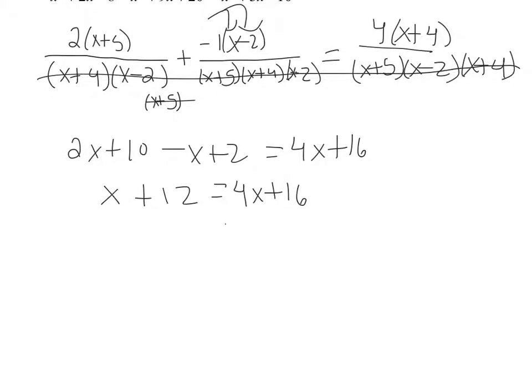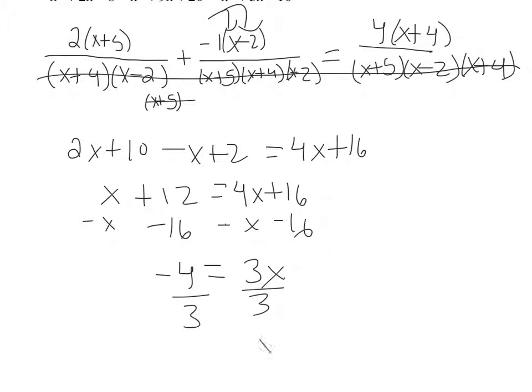So I'm going to subtract the x, subtract the 16. You get negative 4 equals 3x, divide by 3, so you get x equals negative 4 thirds. And that is not extraneous, so it is an answer.